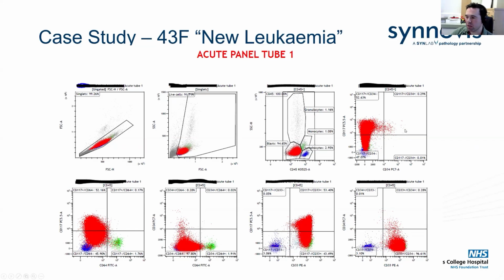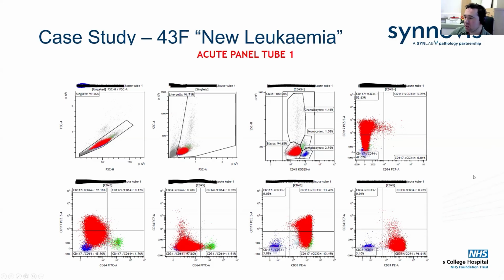In tube 1 here, reminder that we use our forward scatter versus side scatter to pick out our populations and our live cells, or to separate any debris as opposed to actual cell information. Then we use our side scatter against CD45. And remember, I said that we could pull out a lot of information from that. So here we have our lymphoid cells, our monocytes, our granulocytes, and then falling in that region that I had mentioned about the CD45 weaker population is a big population. About 94% of the cells that we ran were blasts.